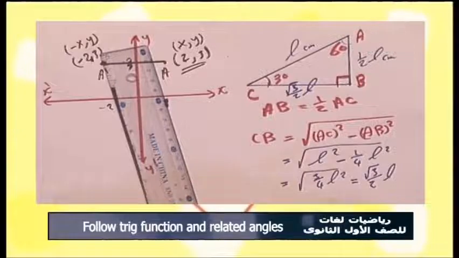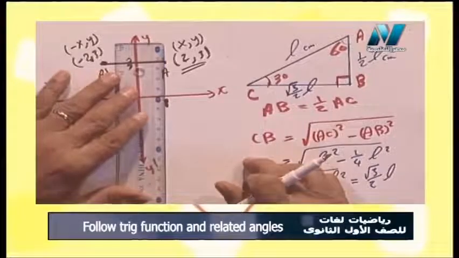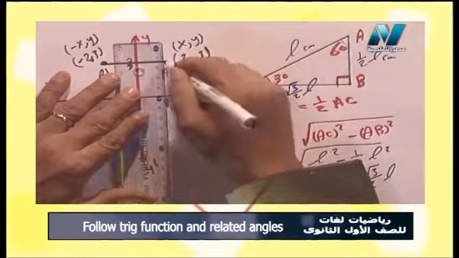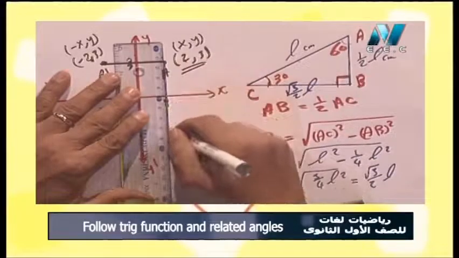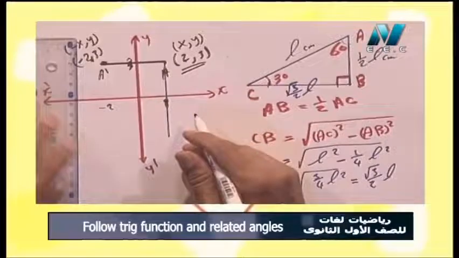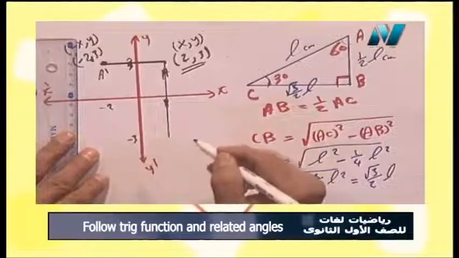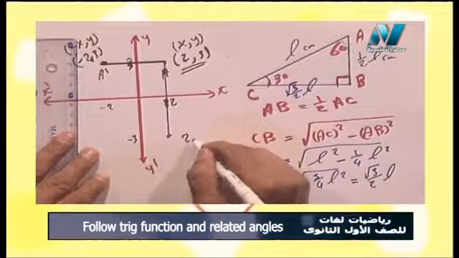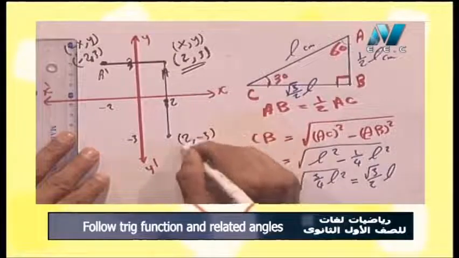The image of the point 2 and 3 on the x-axis will be like that. We have here negative 3 and we have 2 here, so the point will be 2 and negative 3.